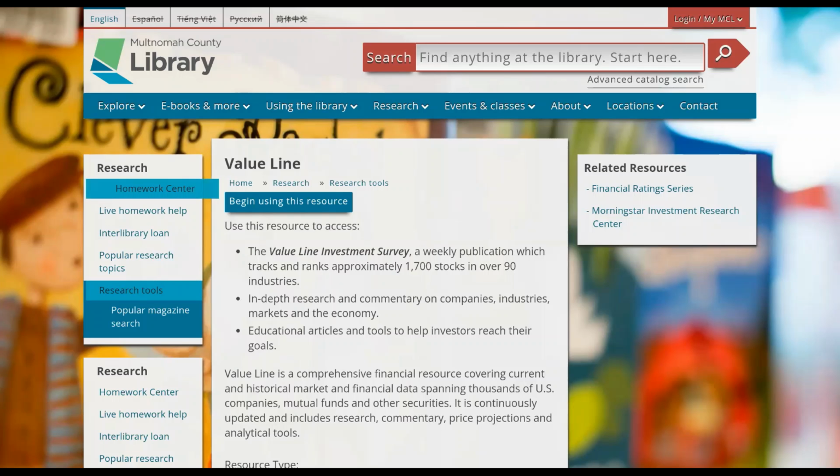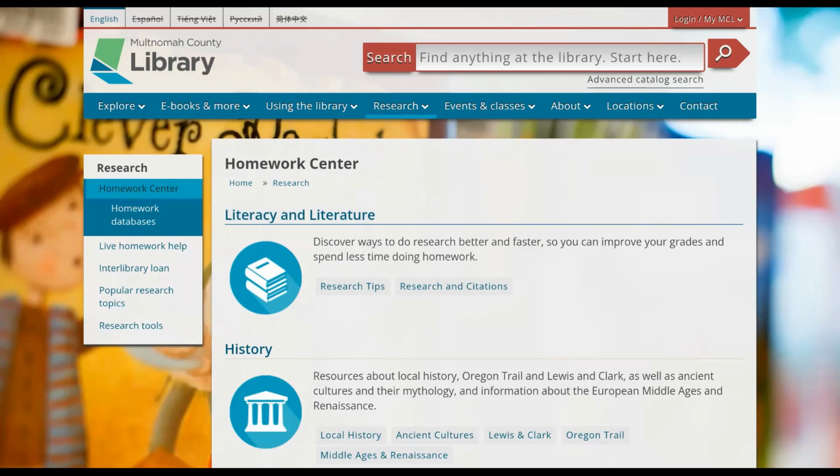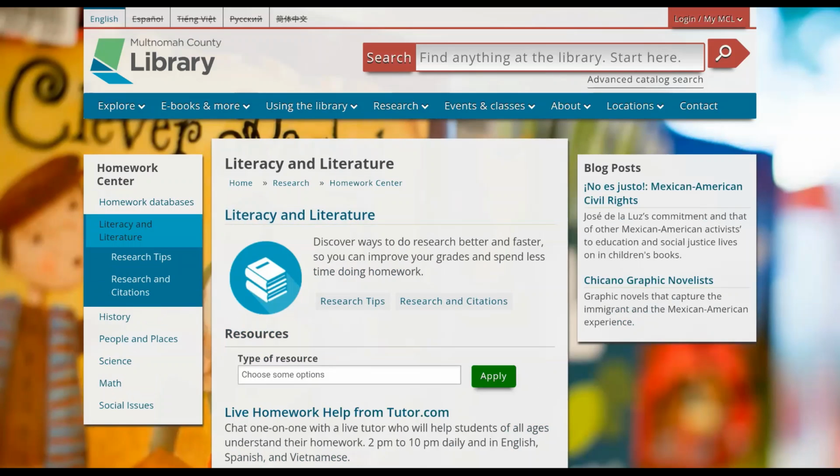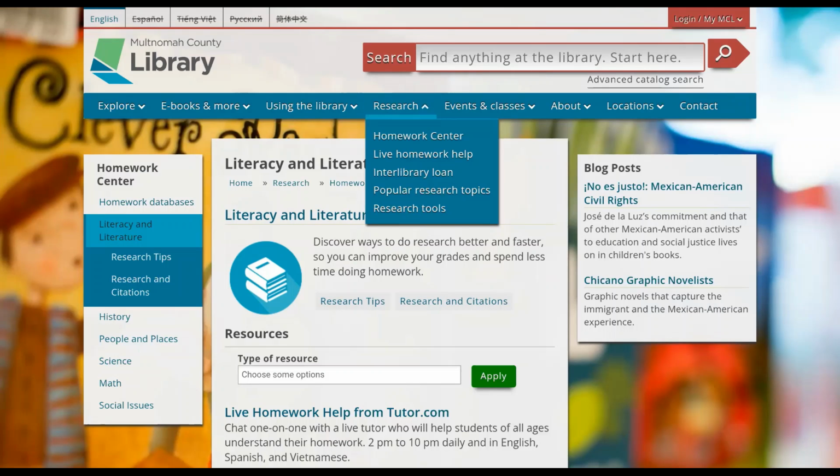Well, not on my screen. All right. Oh, there we go. Now I'm on some sort of homework center. Oh, come on. Maybe the mouse is too thick, it's clicking the wrong place.